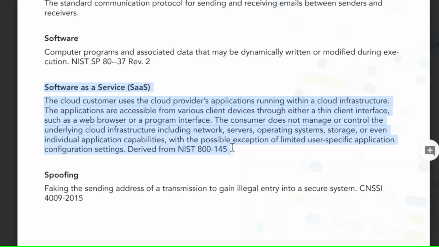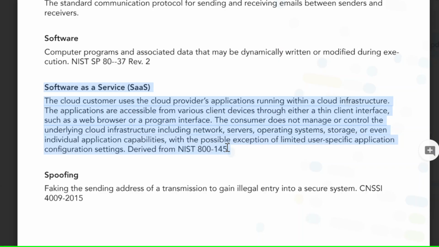A cloud customer uses a cloud provider's application running within a cloud infrastructure. The applications are accessible from various client devices through either a thin client interface such as a web browser or a programming interface.